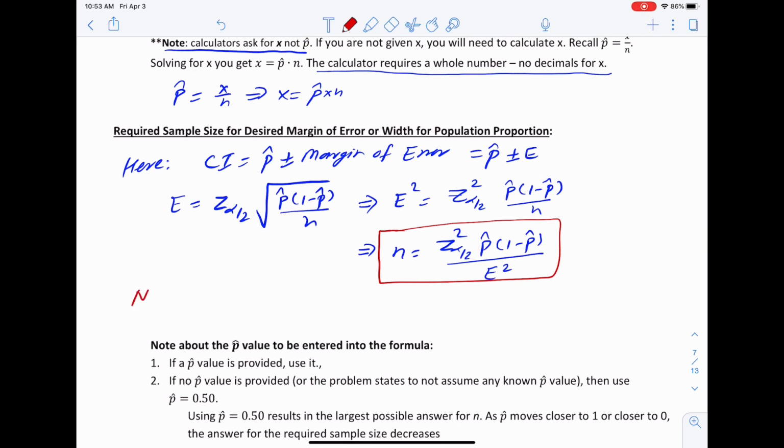Also note that, remember our distribution, the margin of error is this distance on both sides.